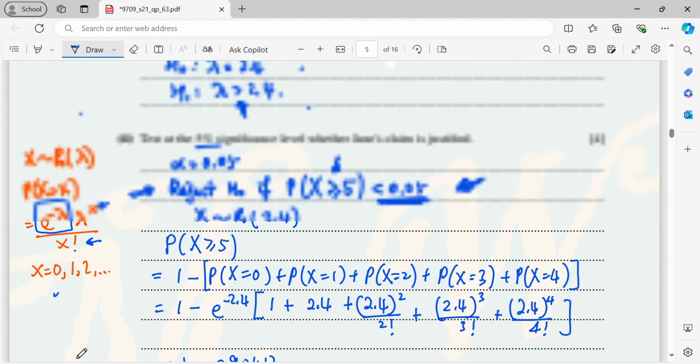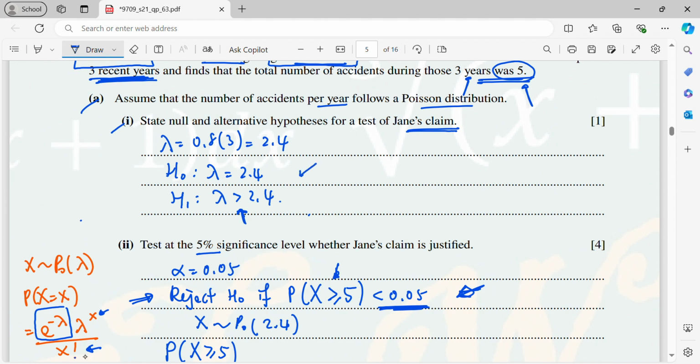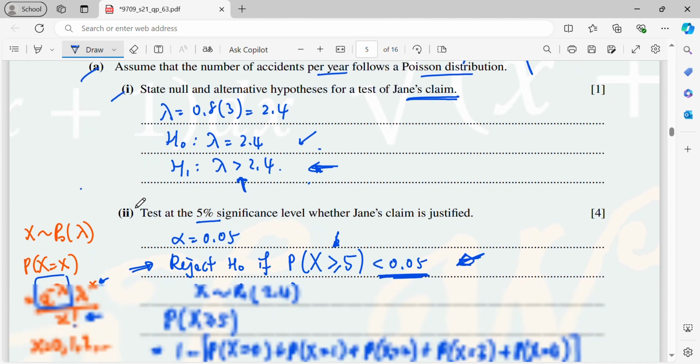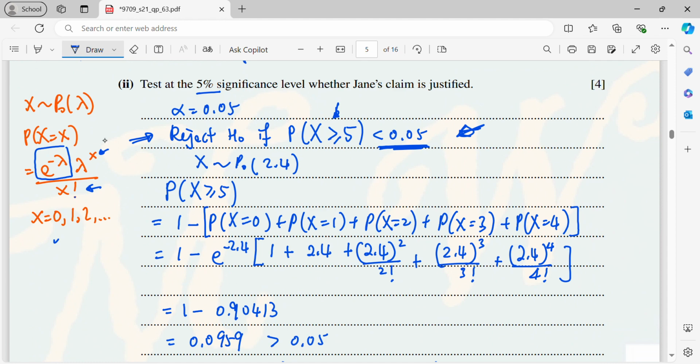So when we accept H naught, go back to the H naught. That means you have insufficient evidence to conclude the H1. So I will say insufficient evidence to conclude the mu, or true average, is greater than the value. Or you want to check whether Jane's claim is justified.